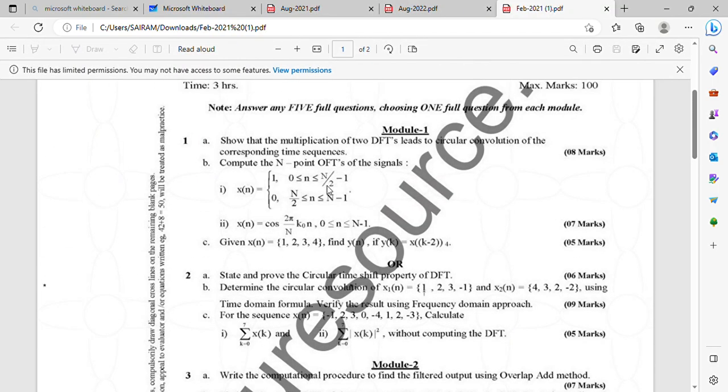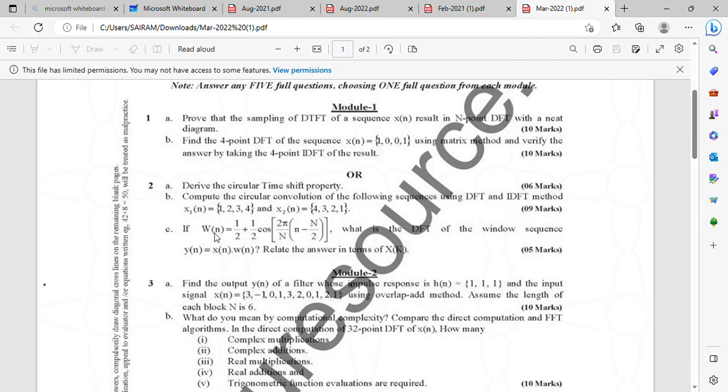See now, here you can see N-point DFT. This is 4-point DFT. This is also 4-point DFT. Can you see? Yes. And then if I come to the last question paper, see here, this is 4-point DFT. This is DFT and IDFT methodology. So this is 4-point DFT using matrix method, right? Yes. And this is N-point DFT, right?